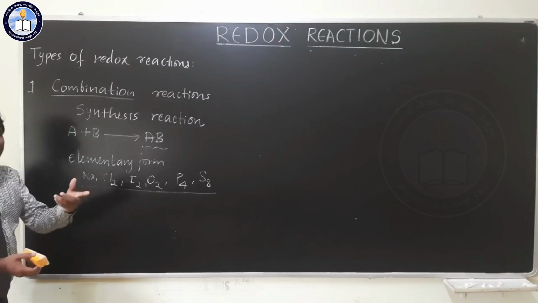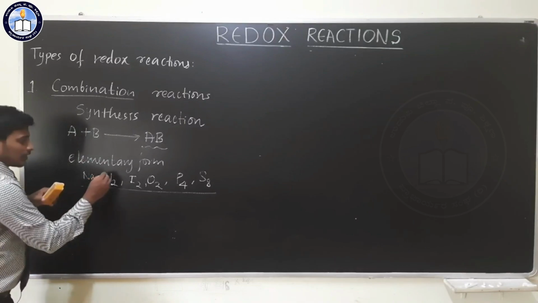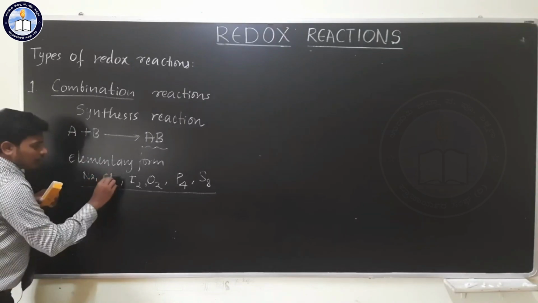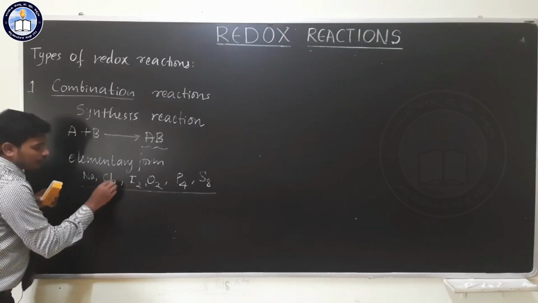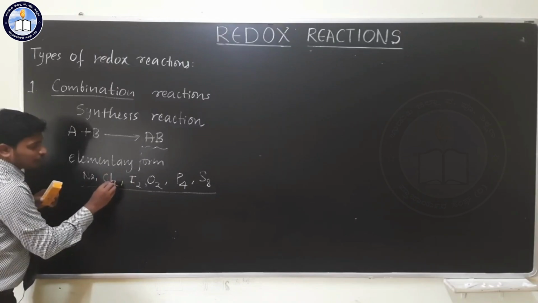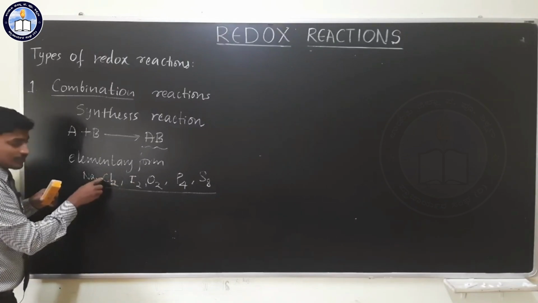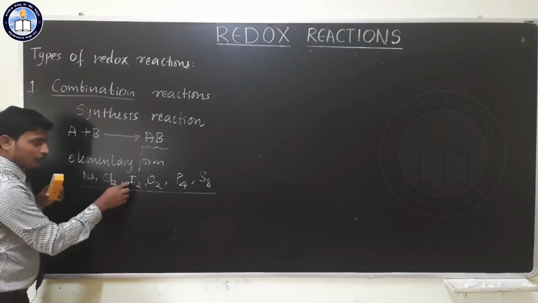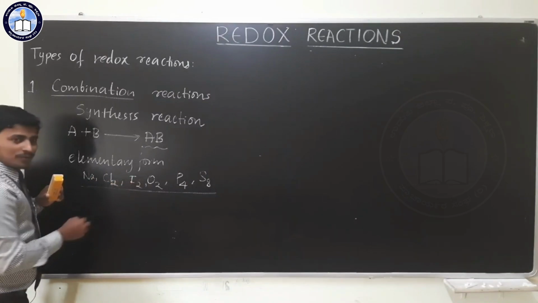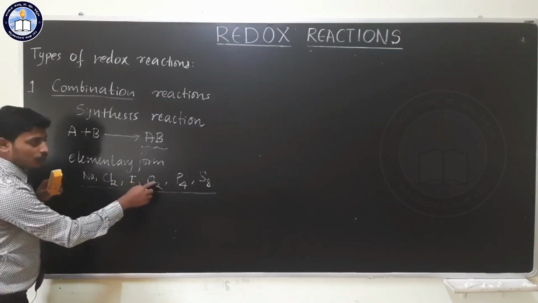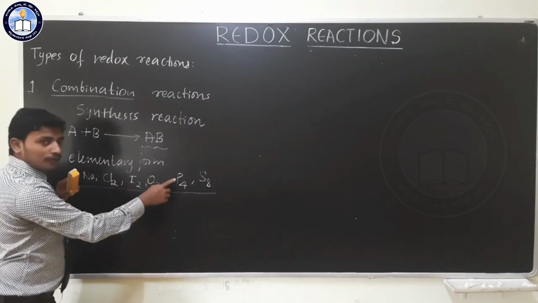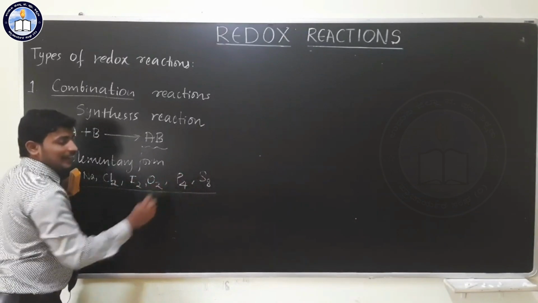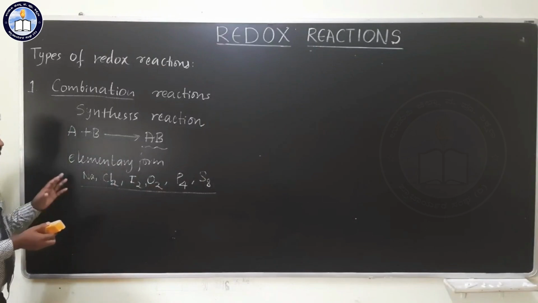Or in other words, I can say that it may be the element which is in bond formation with itself. Cl2, I formed bond with I2, O formed bond with O2, P4, S8, like that. That is also known to be purest form.